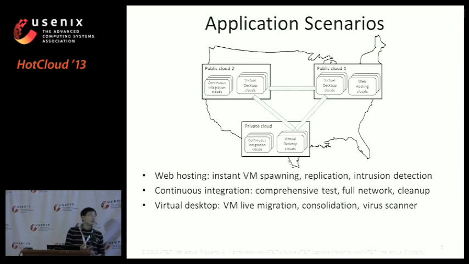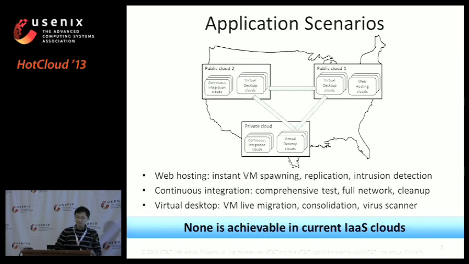Your virtual desktop VM will be automatically migrated from the East Coast to the West Coast so that it can better serve you by providing better latency performance. You can even enable more features like VM consolidation, or run a virus scanner at DOM0. There's no problem. We note that none of the above scenarios is achievable in current infrastructure as a service clouds. However, Inception clouds enable you to achieve all of this.